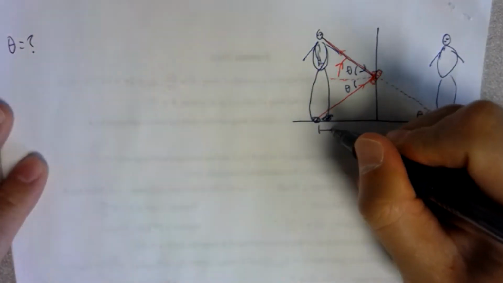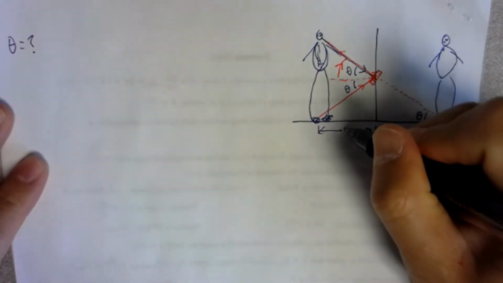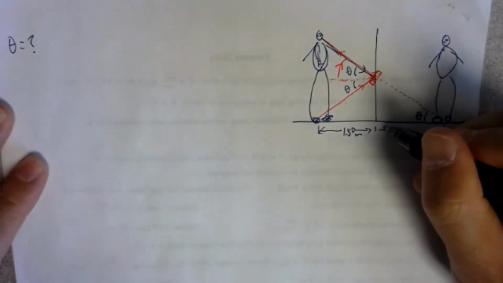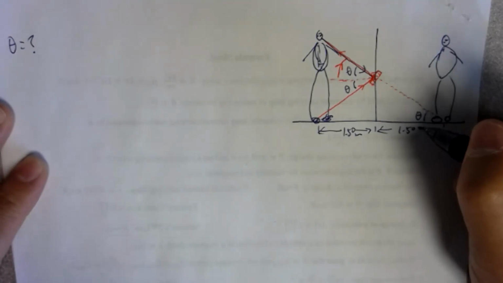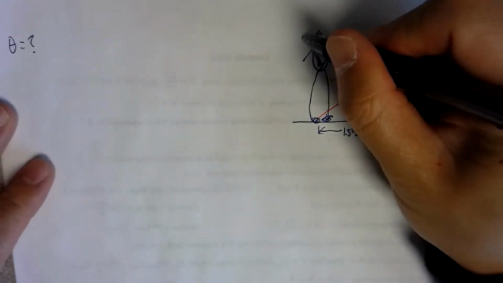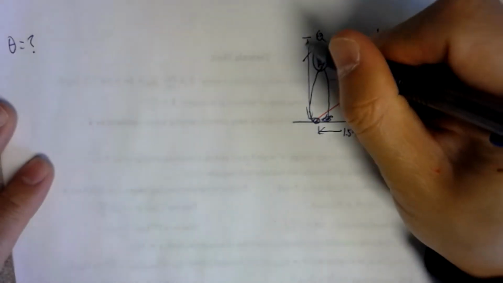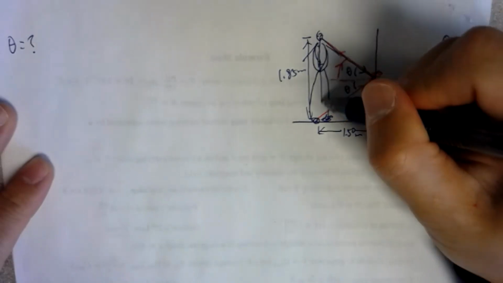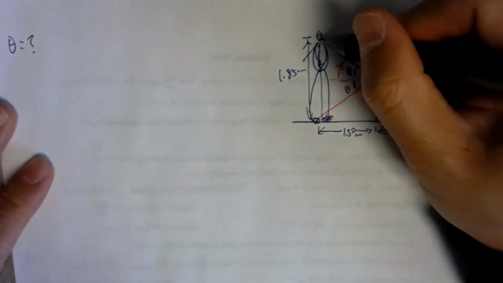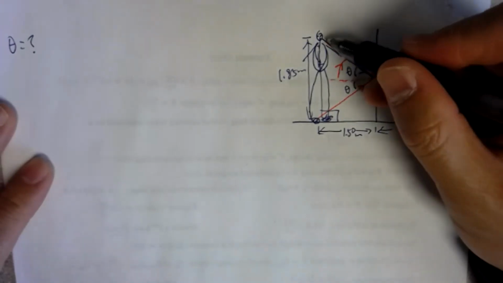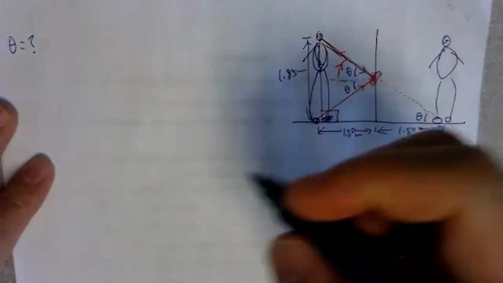Okay, now let's take a look at the numbers given. It says you are standing 1.5 meters away, right? Now, according to the property of your image in the mirror, it should also be 1.5 meters behind. And it says here from your eyes to the foot is 1.85 meters. Okay, so if we look at this big triangle here, this should be a 90-degree angle. Then this is the angle theta, which is the same as that one. So opposite over adjacent, right, gives you tangent.